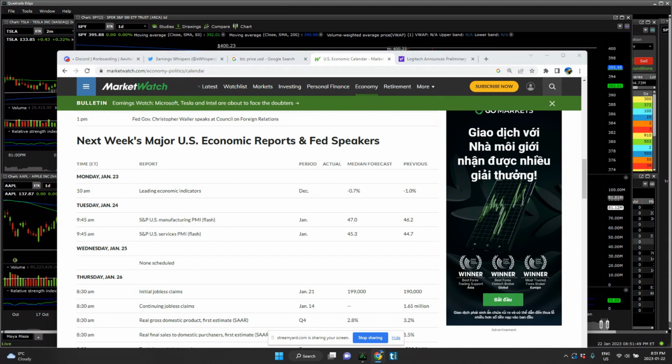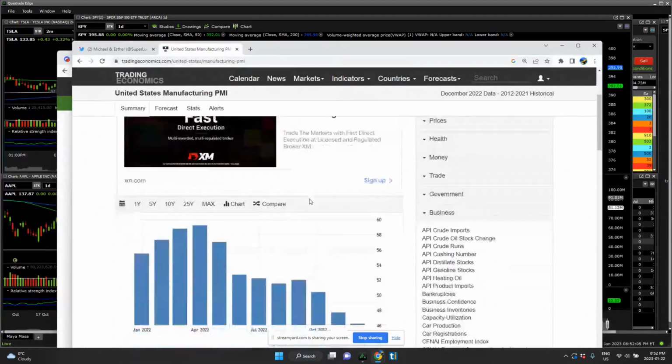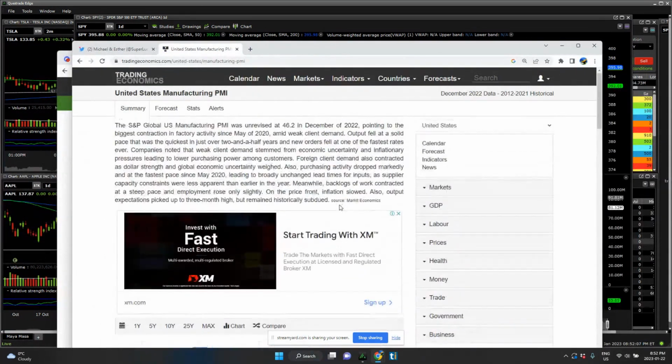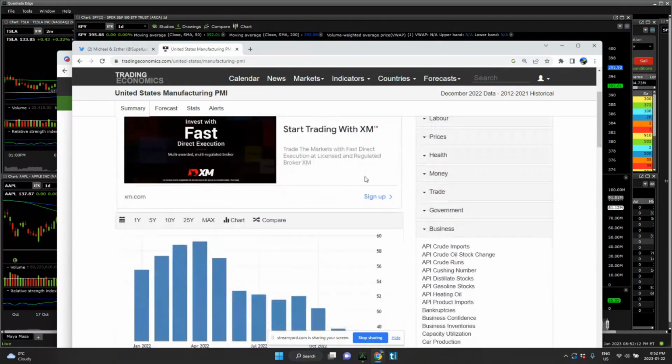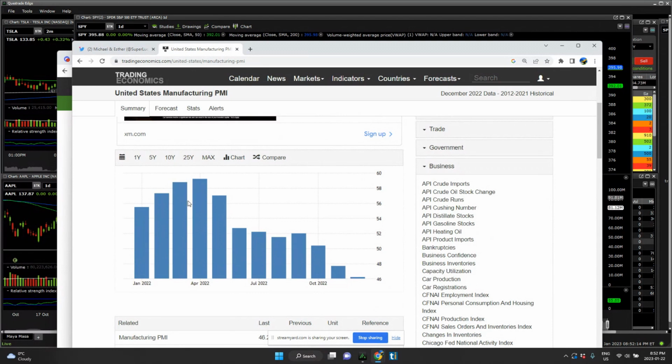I just want to show you guys here. Oh my god, I just found something on MSTR. But first, here's the global manufacturing PMI data on a trend. Notice how we're slowing down and we dropped off in November and December.